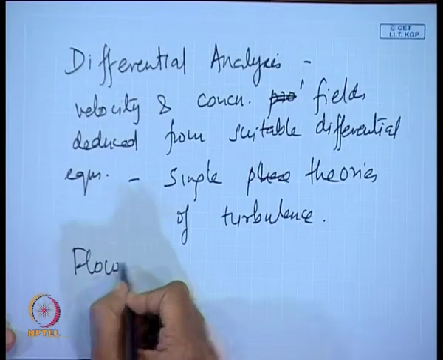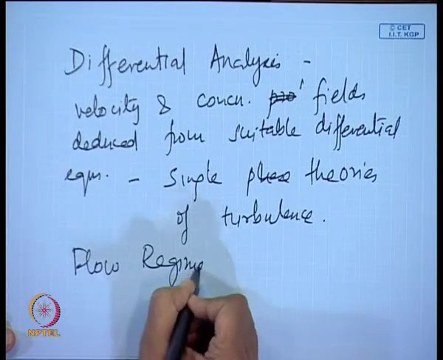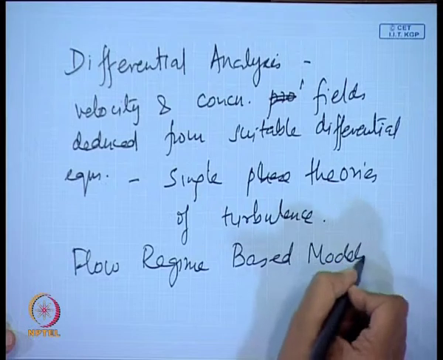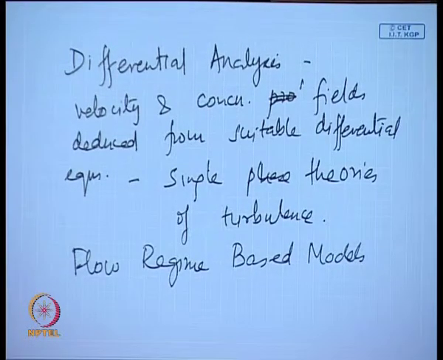The next thing which we usually do, which I forgot to mention here, is the flow regime based models. See, so far whatever we were discussing, we were not considering the exact topology of distribution. Empirical correlation, we were not considering anything. Homogeneous flow theory, we assume that they are intimately mixed. Okay. Next, integral analysis, differential analysis, we are not exactly considering how the two phases are distributed.